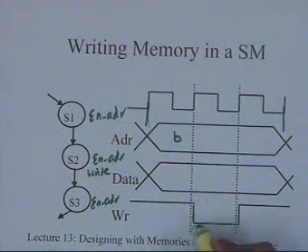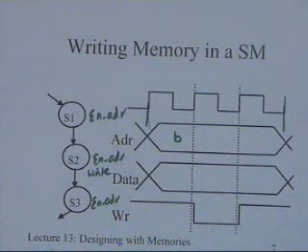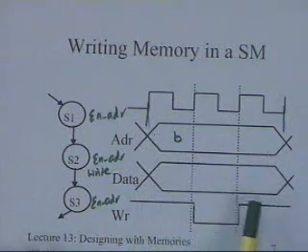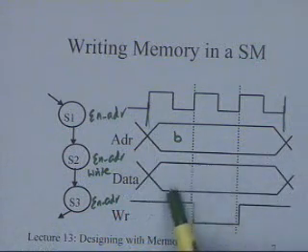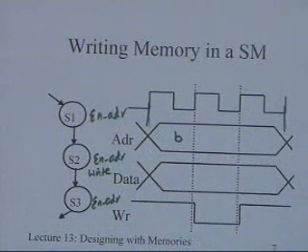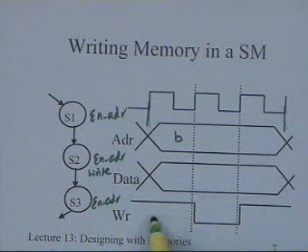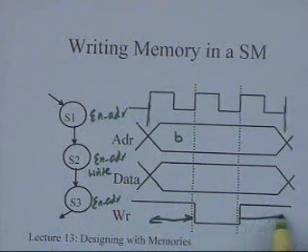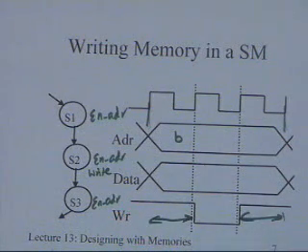So the write comes only for 1 clock cycle, and now what you see is this write is completely enclosed by both address and data. It's very clear because I am going to have a stable address for 3 clock cycles, and a stable data for 3 clock cycles. And these timings obviously will be much larger than the setup and hold times that will be required by the memory because they are full clock cycles.